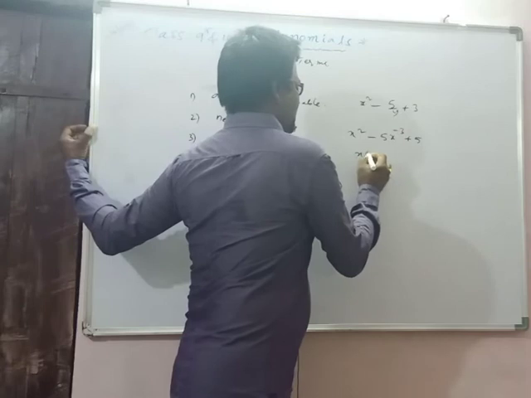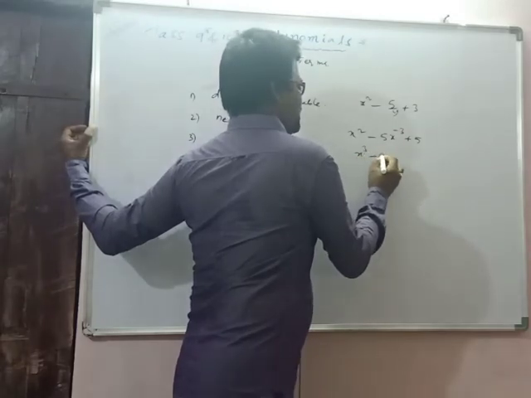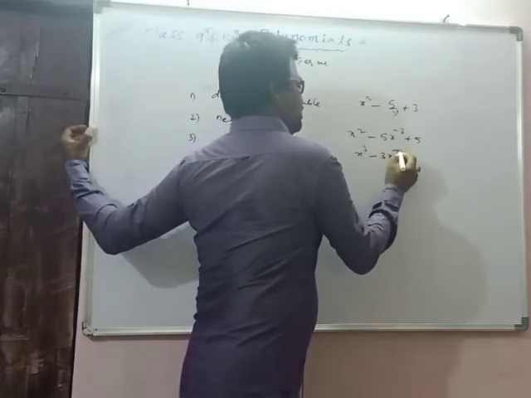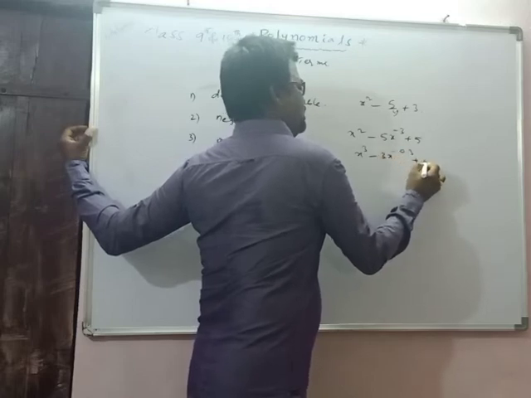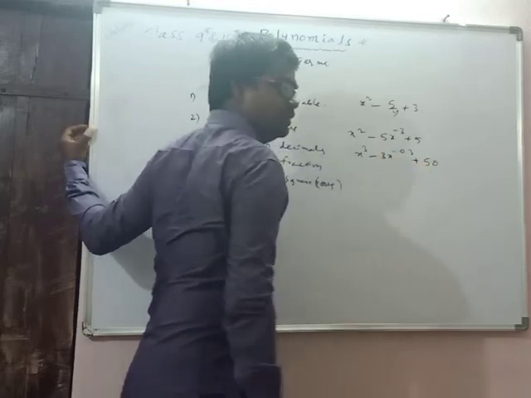Suppose decimals means x power 3 minus 3x power minus 0 whatever plus 0.3 plus 50.